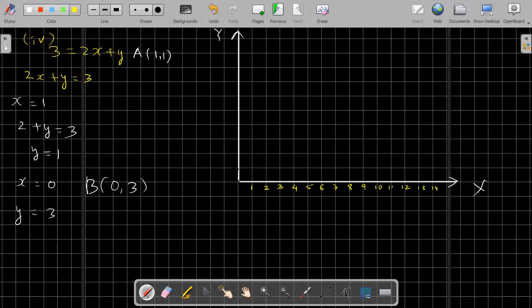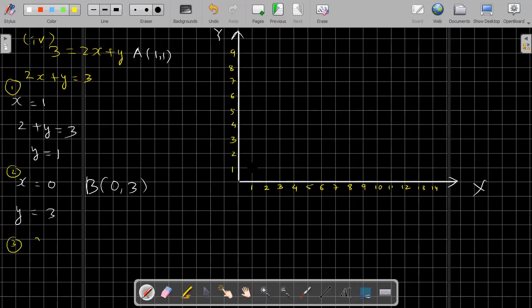Okay, and here also you have 1, 2, 3, 4, 5, 6, 7, 8, 9. You should take 2 points, as I told you. This is 1 point, this is 2 point, and a third point also you can take, x is equal to 1 and 0. If you take minus 1, then you have to draw the minus part also. So then you have to extend this part also. Otherwise, we have 2 points.